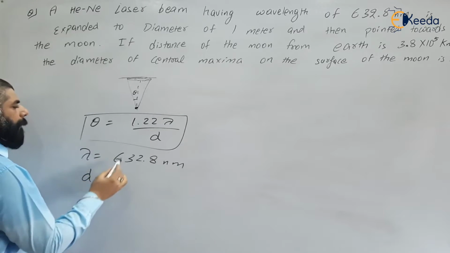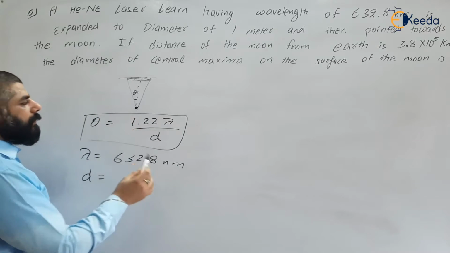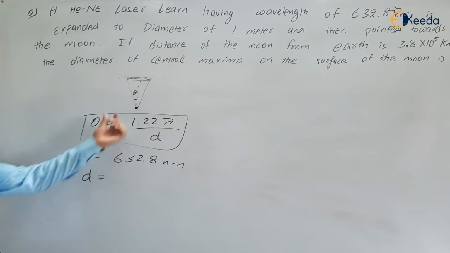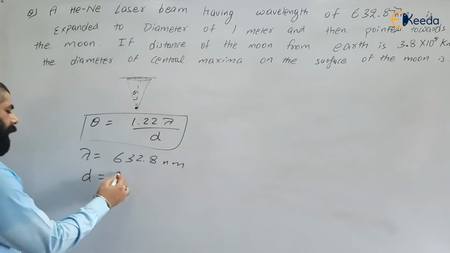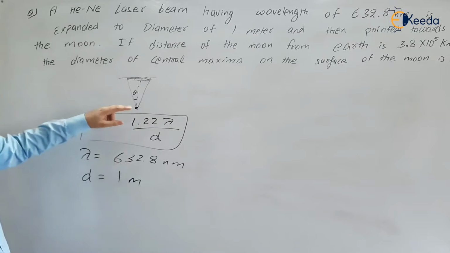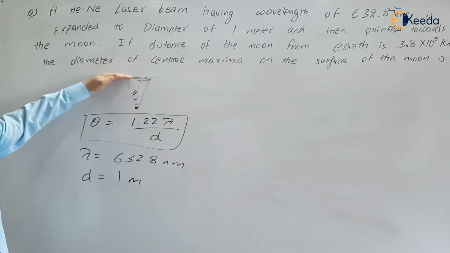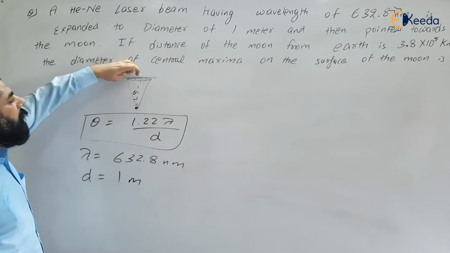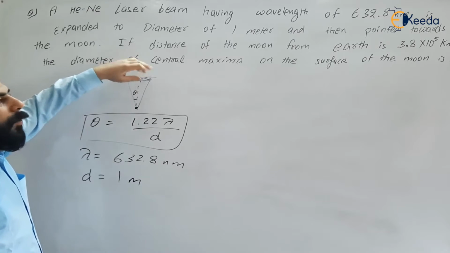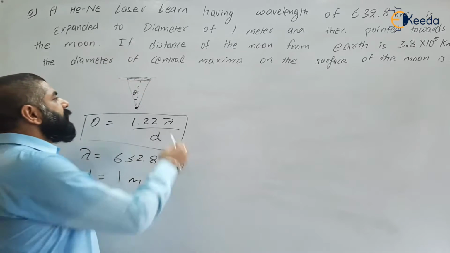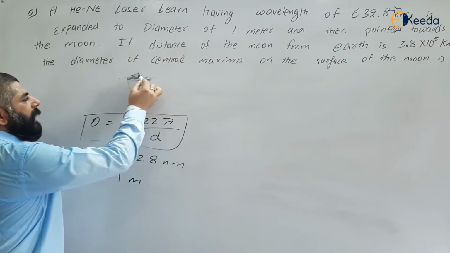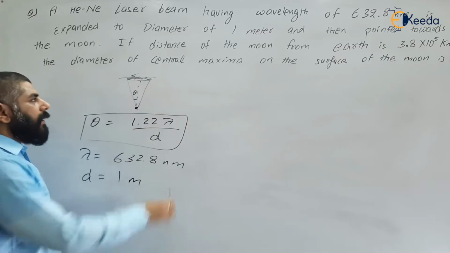So the aperture diameter, that is the laser source which is used, has a diameter of 1 meter. Now it is pointed towards the moon and the question is asked: what is the diameter of this circular spot on the surface of the moon? If we can calculate the radius, we can determine the diameter from this triangle.